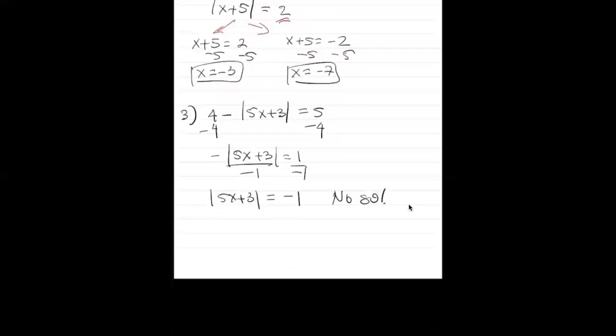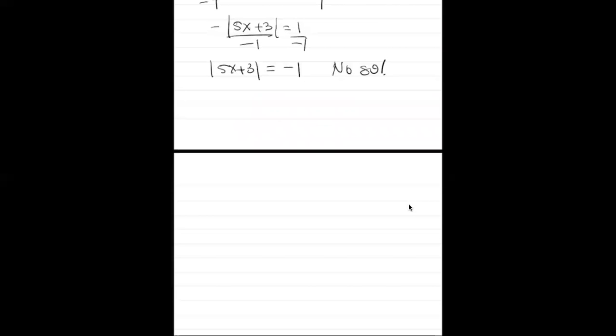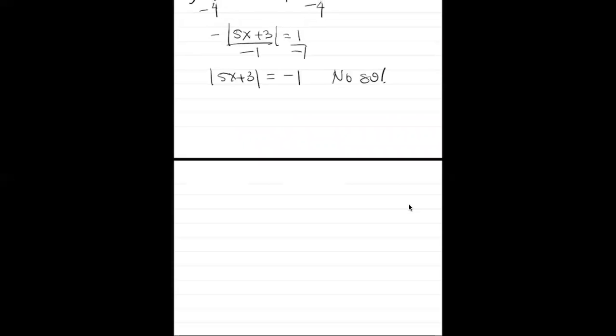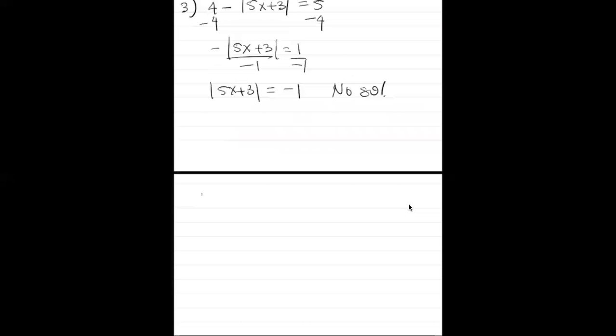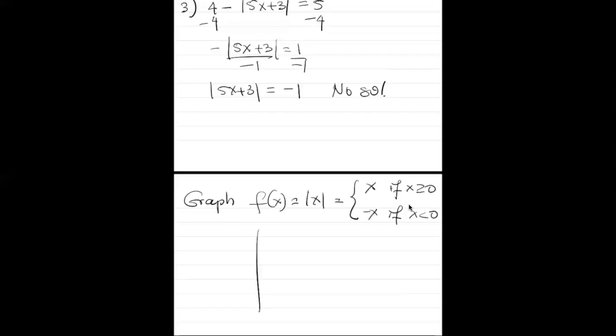And finally, graphing. So let's graph our parent function, f of x equals absolute value of x, which we defined earlier as a piecewise function. It's x if x is greater or equal than 0, and -x if x is less than 0. So we graph it on the coordinate system.